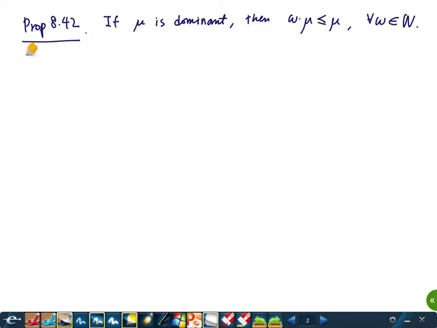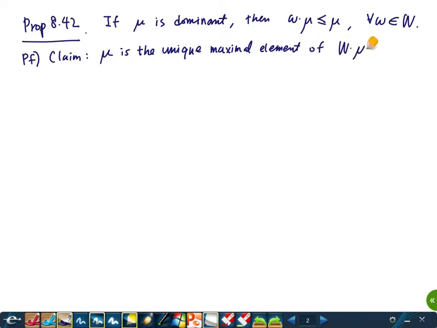So proof. First we claim this. Claim: mu is the unique maximal element of W mu.